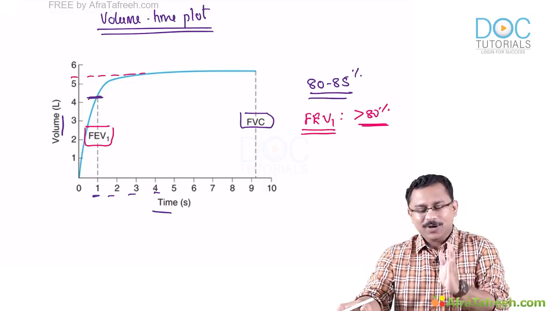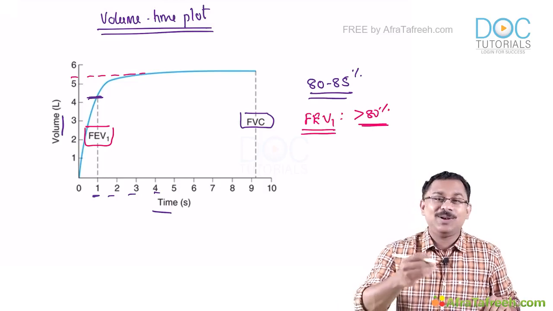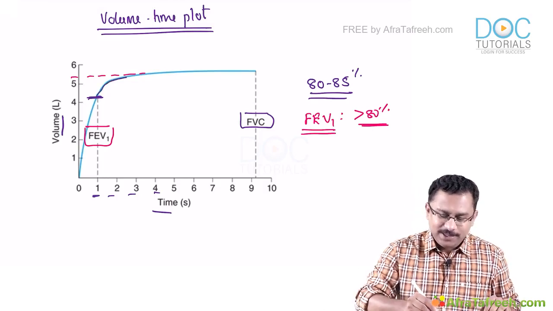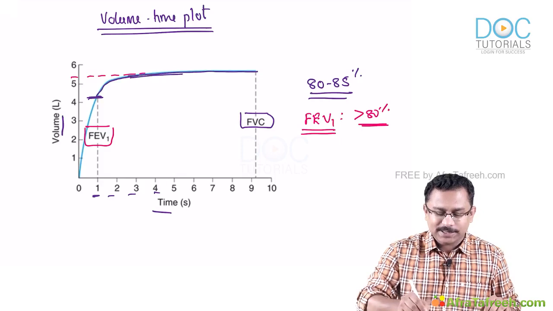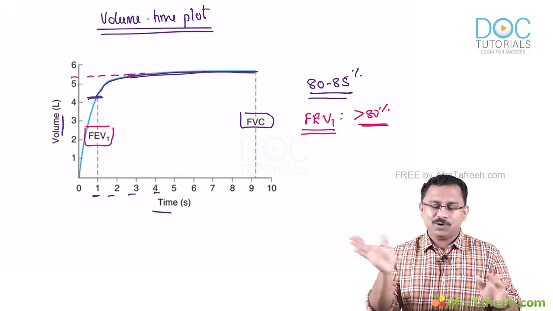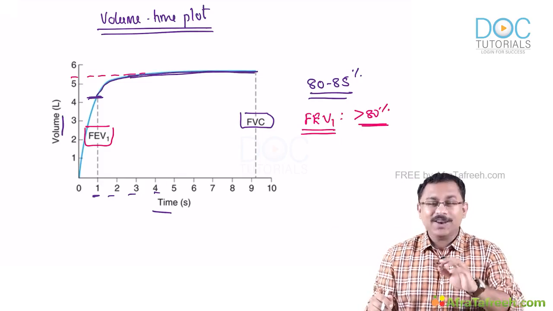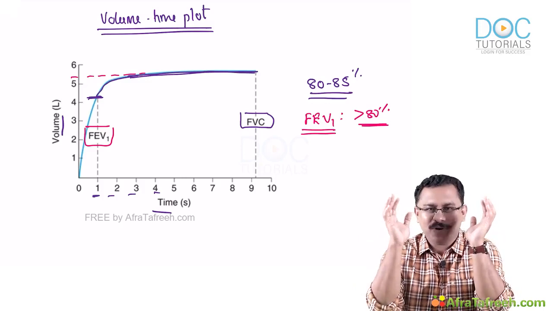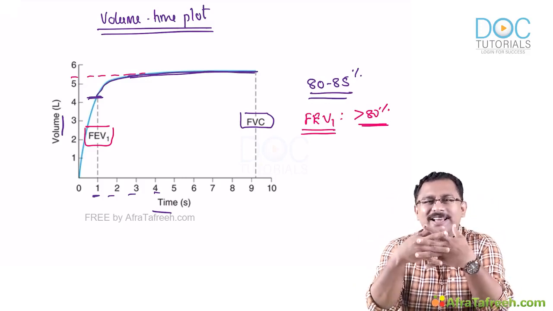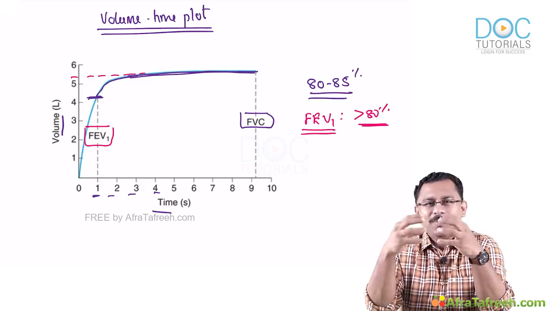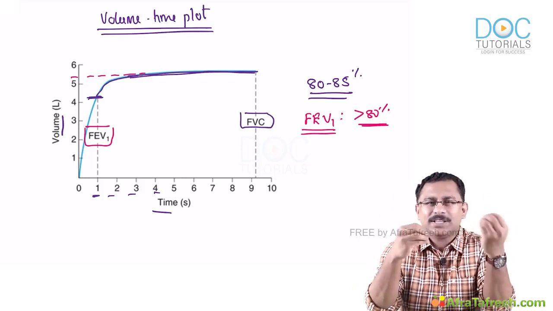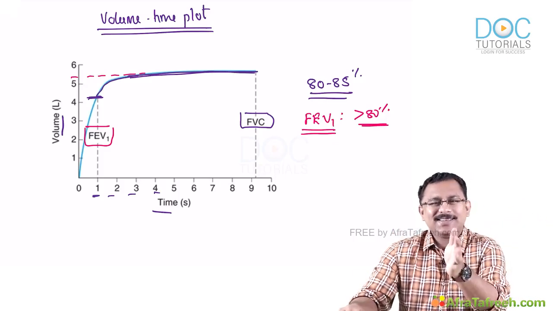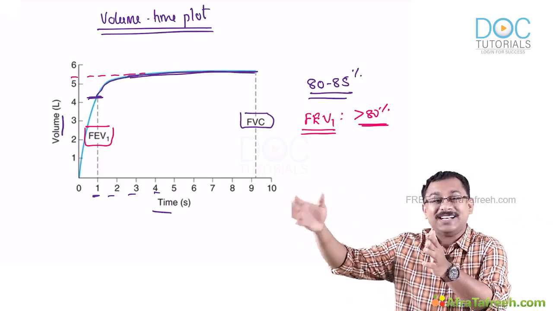You have got to have a good understanding of this, because only then will you be able to identify the abnormalities. After the first second, you can see that it goes to a stage of slow rise, almost plateauing. All right, so this is the normal volume time plot. You have got to keep this in mind, because in pulmonology you can categorize the various disorders into obstructive lung disease, restrictive lung disease, or maybe a pulmonary vascular disease.